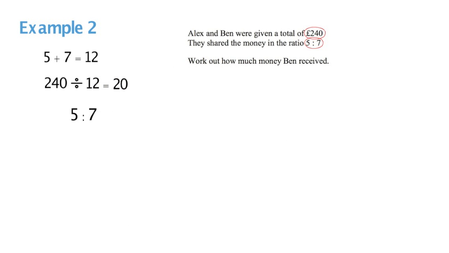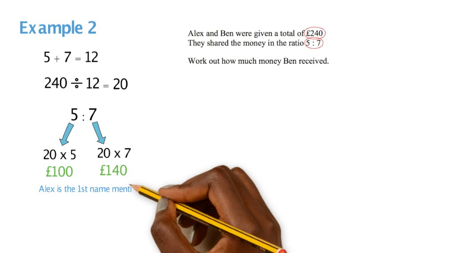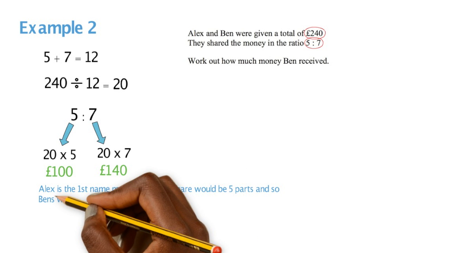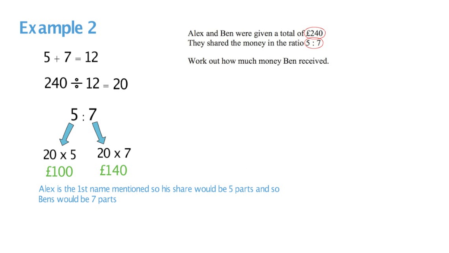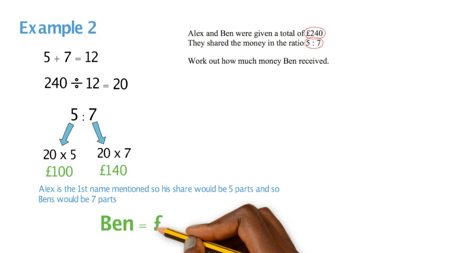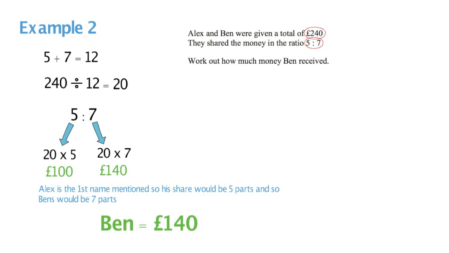Then you're going to write out the ratio, and then you're going to do each part times what 1 part is equivalent to. So that's 5 times 20, which is 100. And then you're going to do 20 times 7, which is 140. Alex is the first name mentioned in the question, and so therefore he will be equivalent to 5 parts and Ben is equivalent to 7 parts, which means Ben would have taken £140.